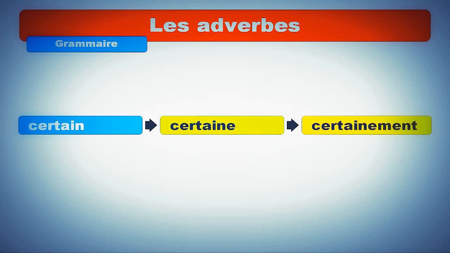We get the sound A-I-N, it's un. Certain, repeat. Feminine form, it's certaine, with an N. Certaine, repeat. And then the adverb, it's certainement. Repeat. Certainement.